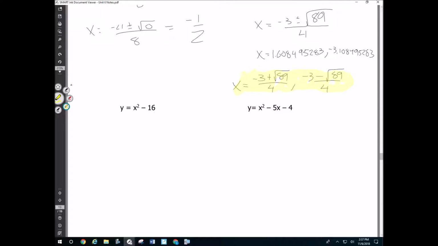Let's change this from x squared minus 16 to x squared plus x minus 16. Find the zeros or the solutions using the quadratic formula.